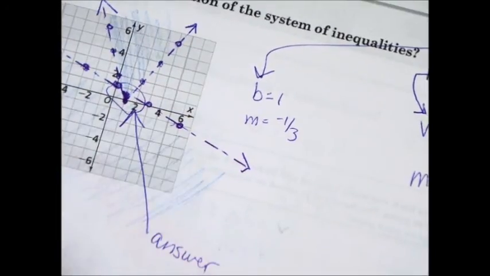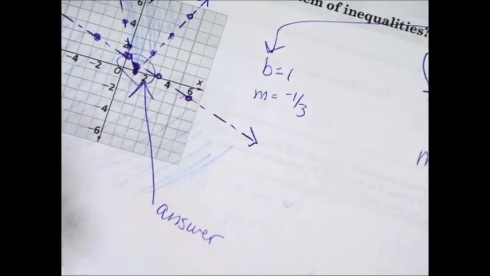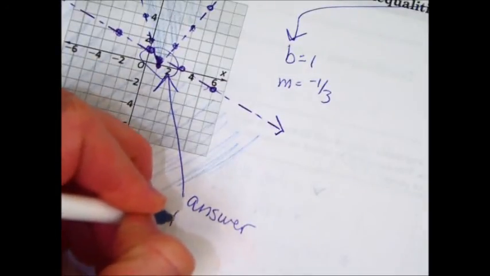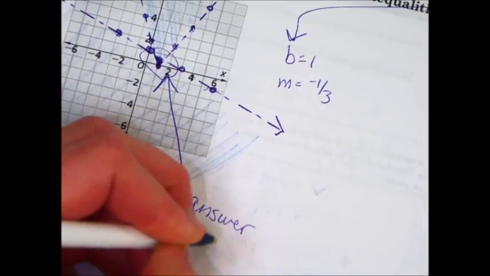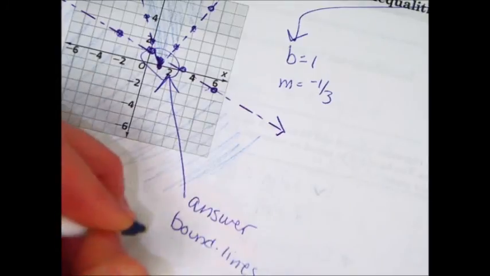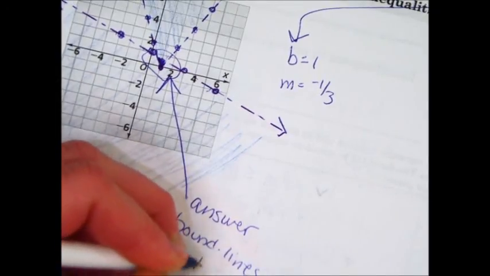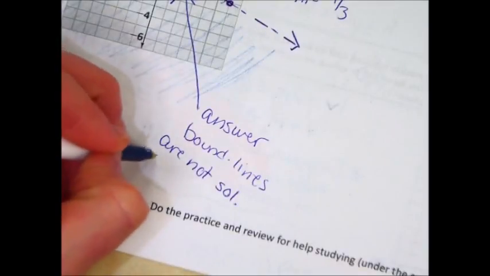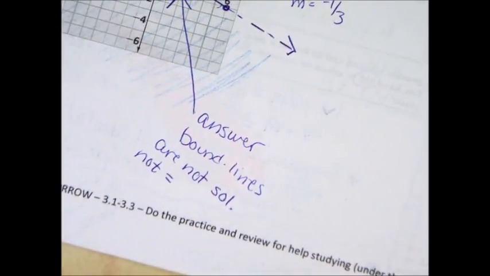Because it's so small, the answer is right inside of there. But you should also note that this time the boundary lines are not solutions, because they're not equal to. Okay.